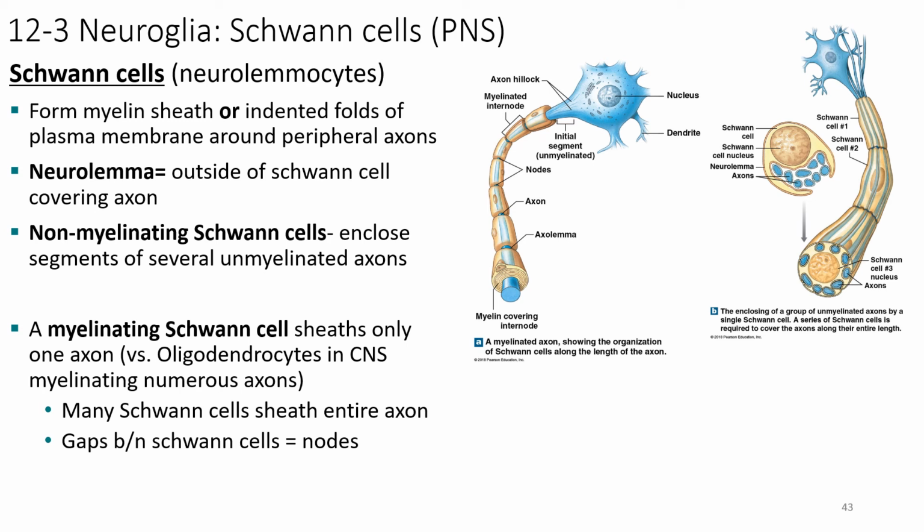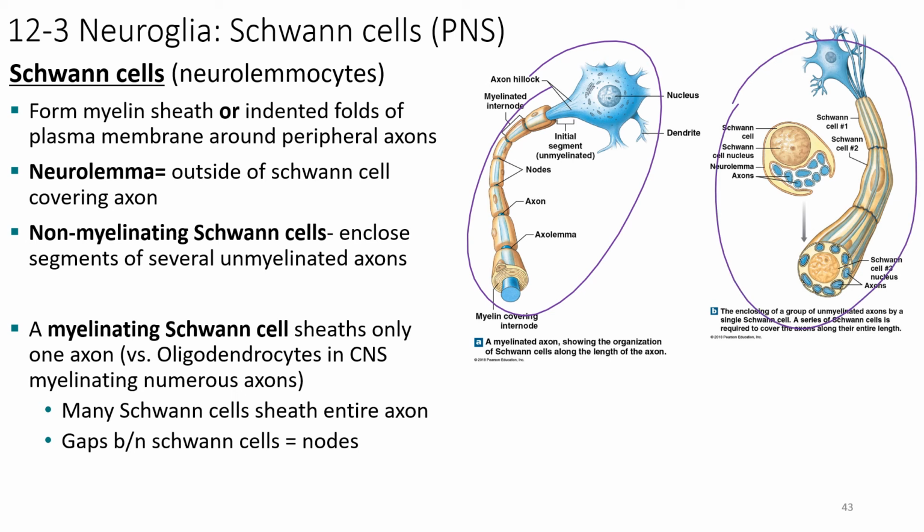So they will either form myelin sheaths similar to what we saw in the central nervous system, or they can form these indented folds of plasma membrane that surround peripheral axons. So in this image on the right, this is our Schwann cell, and you can see it's got this little indentation that's surrounding a group of axons.